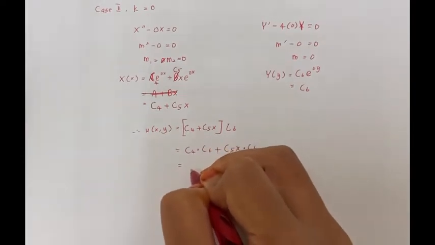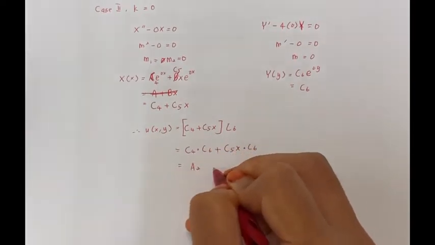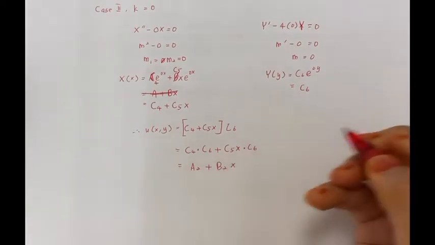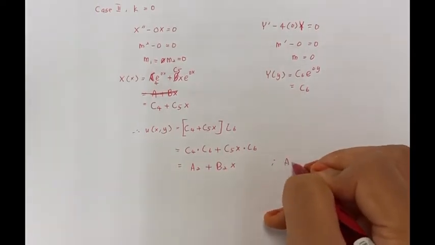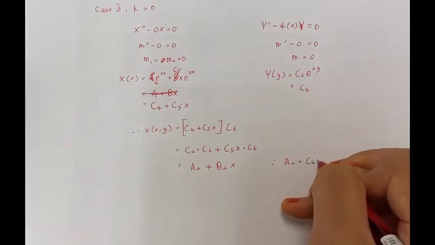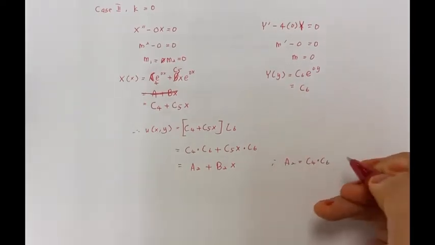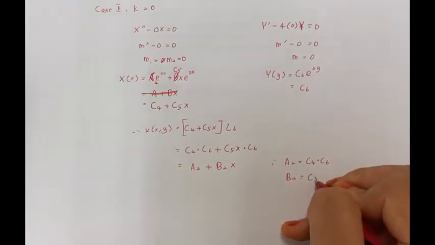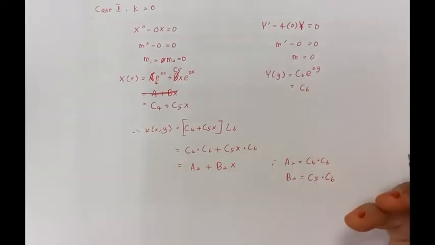You can write this as A2 plus B2x, with A2 equal to constant C4 multiplied by constant C6, and B2 is C5 multiplied by C6.